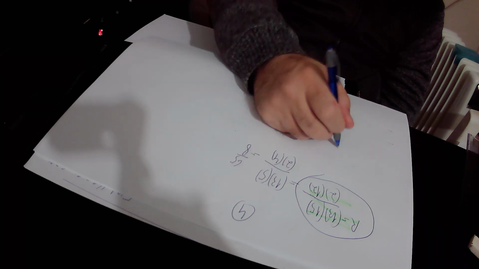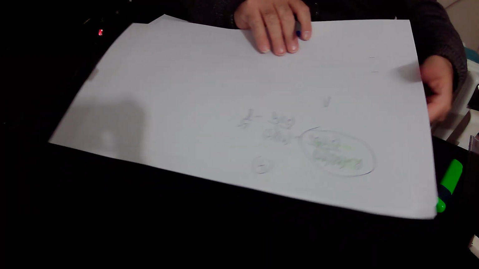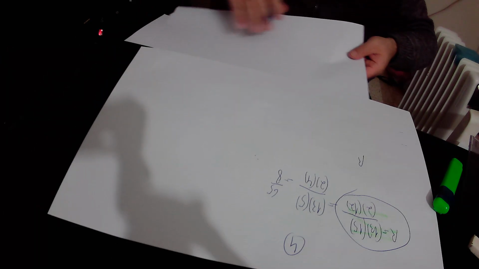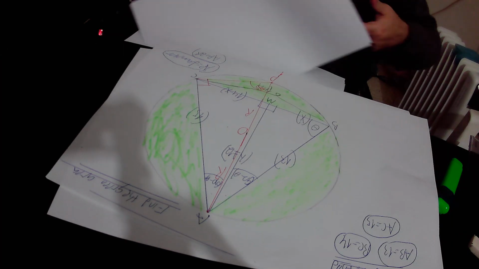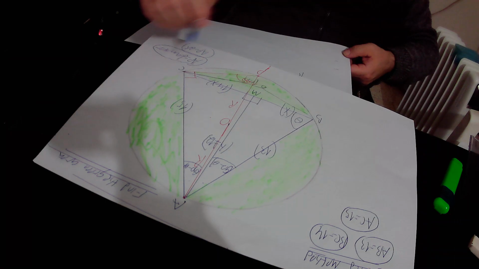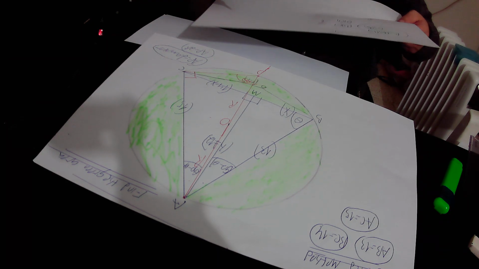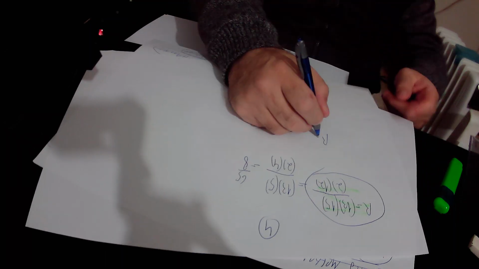So in conclusion, we found that the radius R of this circle that encloses triangle ABC equals 65 over 8 units.